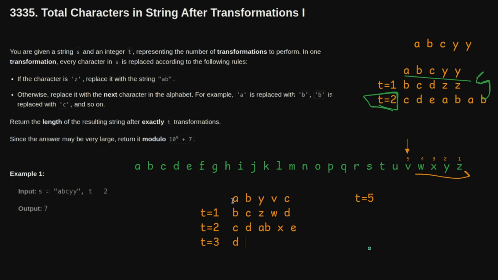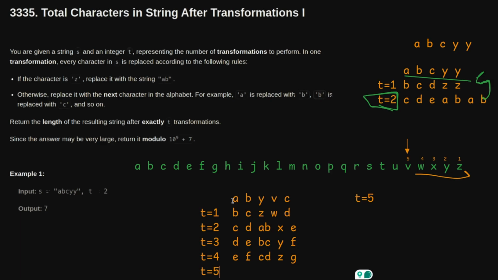C is converted to D, D is converted to E, A is converted to B, B is converted to C, X is converted to Y, E is converted to F. Then T is equal to 4, D is converted to E, E is converted to F, B is converted to C, Z and F will be FG, right?